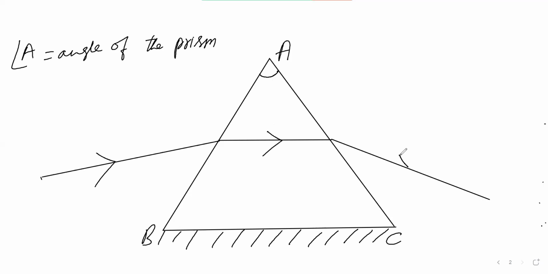This is the path of the light ray. Okay, so here, along with that, we'll take the normal. Normal which is drawn on the surface AB and AC.